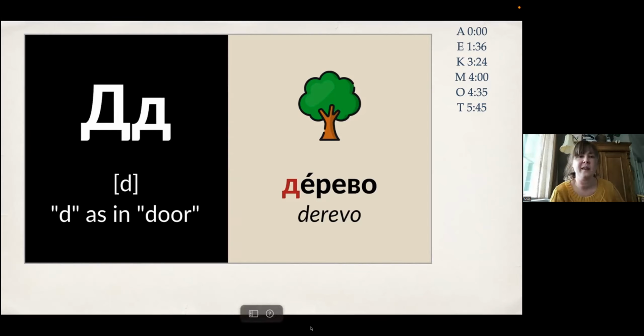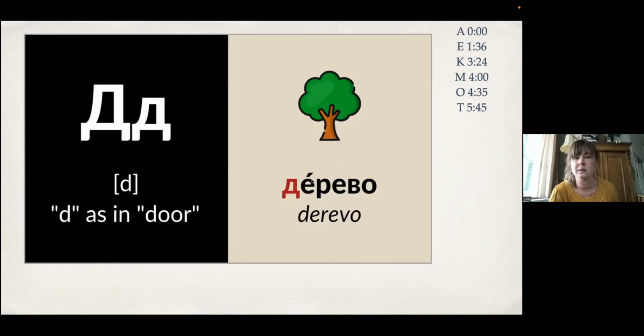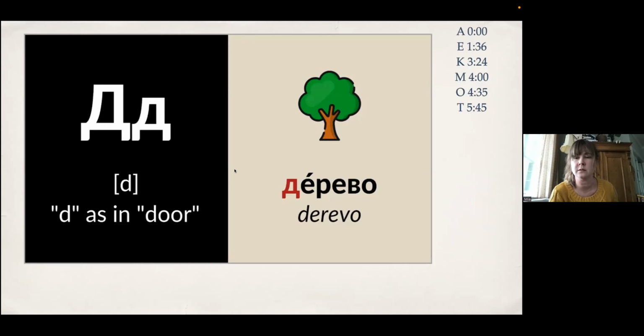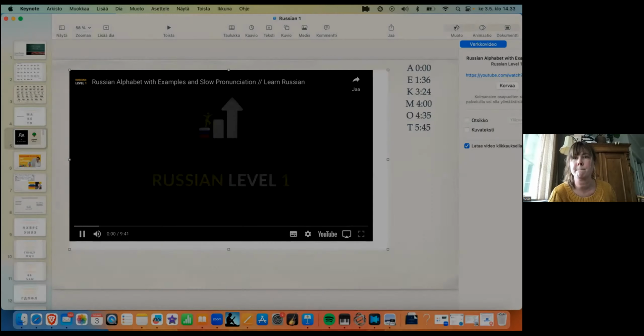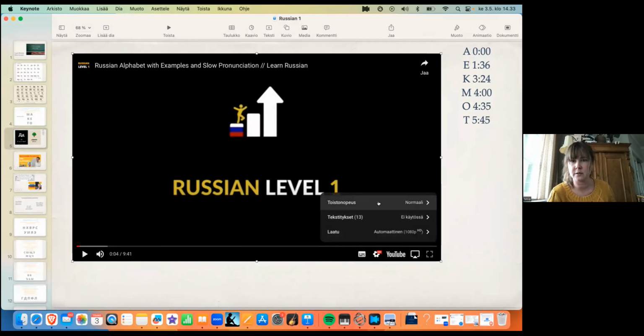Okay, let's start with the letter A. Not A like in English, but in Russian you say A. Okay, how do I get this starting? It changes the slide. Let me take a look. What's wrong? Okay, here we go. Better quality.